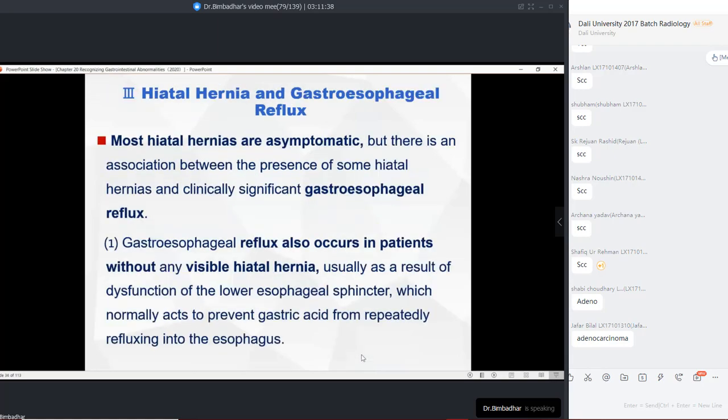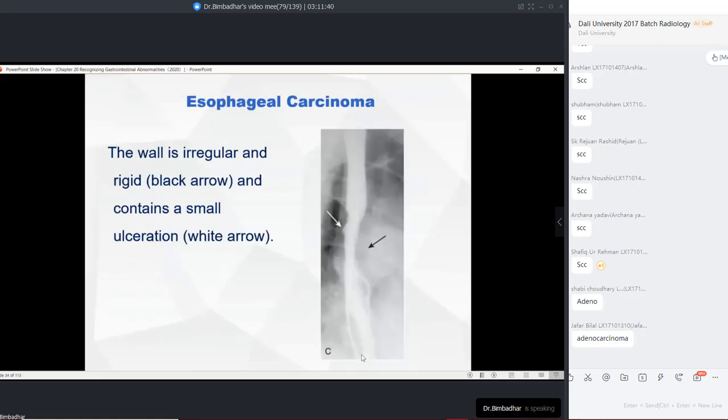But let us not try to differentiate squamous cell carcinoma or adenocarcinoma here itself. There is some kind of a technical way, but most probably you have to understand that this is a diagnosis of esophageal carcinoma. Okay, this can be asked as a picture-based question: the following picture indicates esophageal carcinoma or adenocarcinoma of the esophagus.